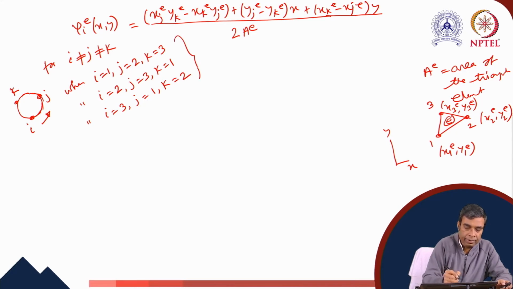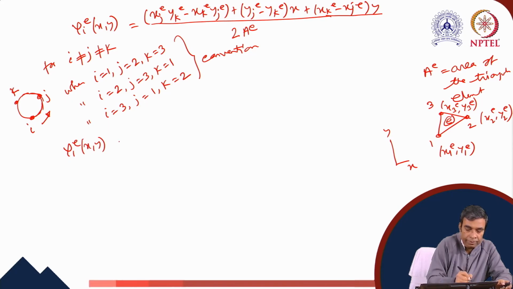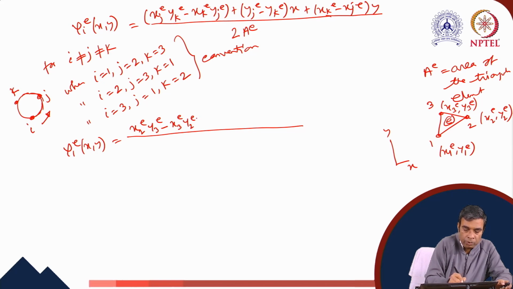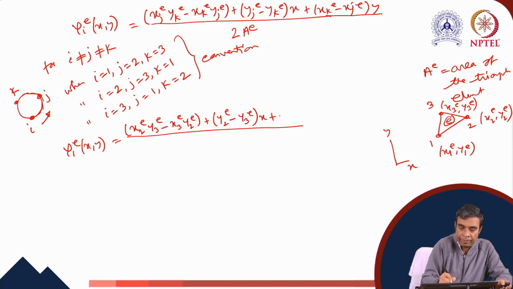So, following this convention, we have psi 1e of x, y equals x2e y3e minus x3e y2e, these expressions we have evaluated in the last week, plus (y2e minus y3e) into x plus (x3e minus x2e) multiplied with y, divided by 2 into the area of the element.